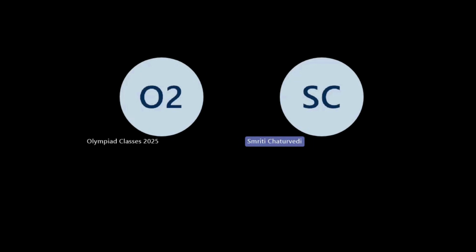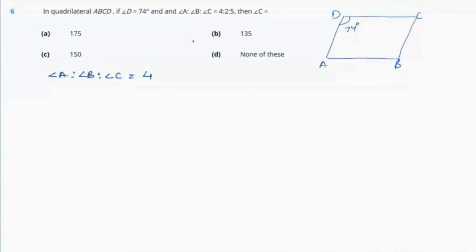Since the ratio is already given to us, which is 4 ratio 2 ratio 5, we can put the ratio, and we already know the sum of all the angles of the quadrilateral should equal 360 degree. So we will apply the same thing over there. Angle A plus angle B plus angle C plus angle D needs to equal 360 degree, because the sum of all the angles of the quadrilateral is 360 degree.